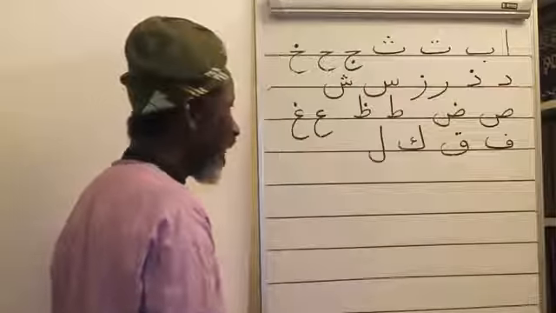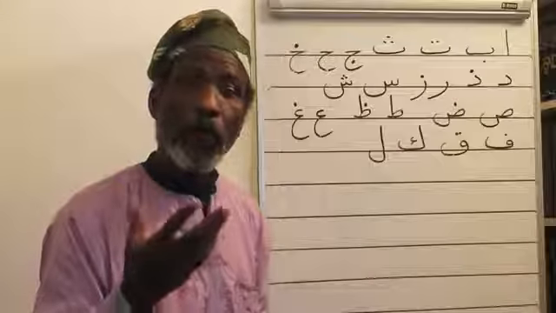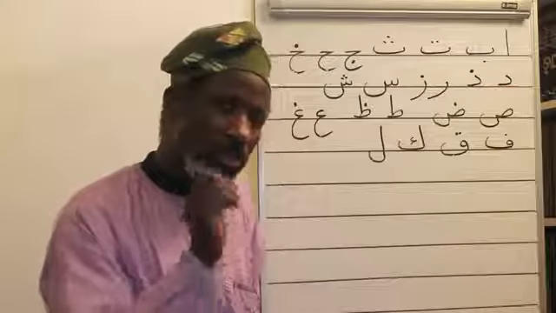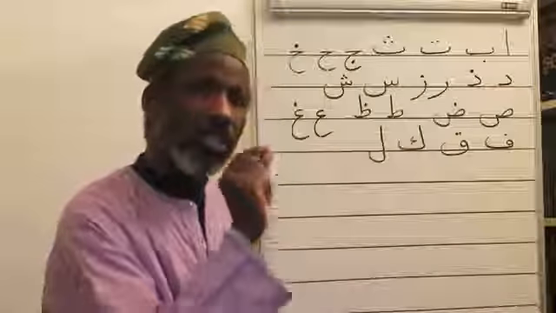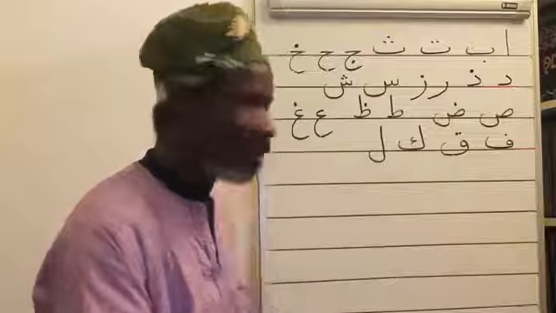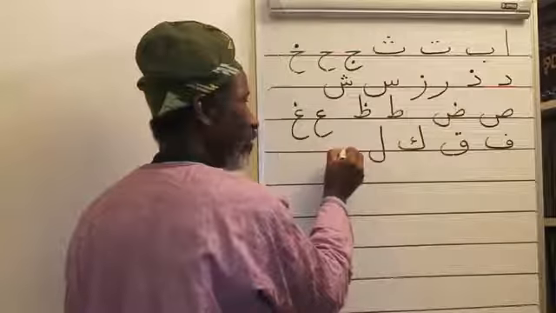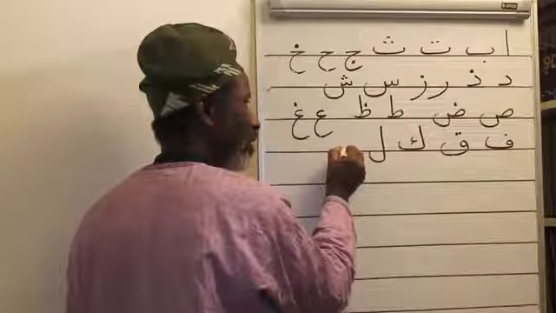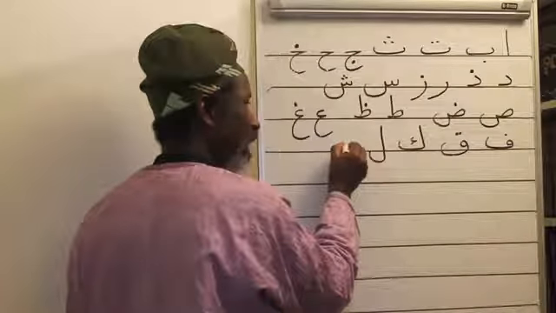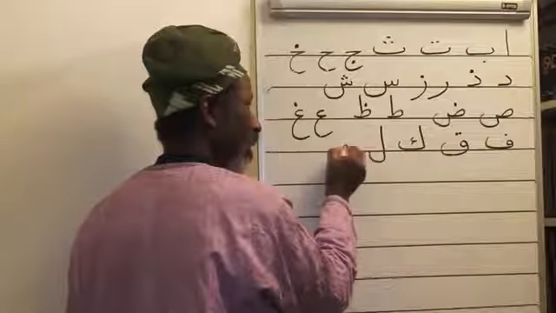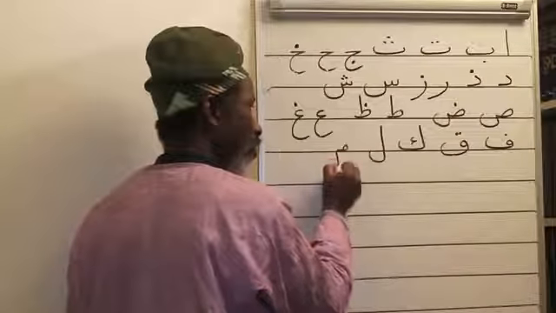Now the next one, which is Mim. I want you to pay attention to the way I'm going to write it. You go to the right, clockwise, slightly round, and then come back and drop.